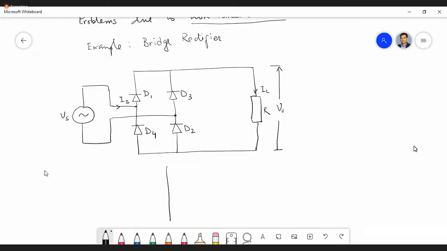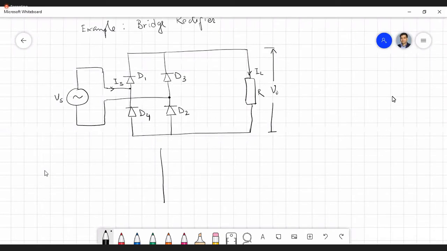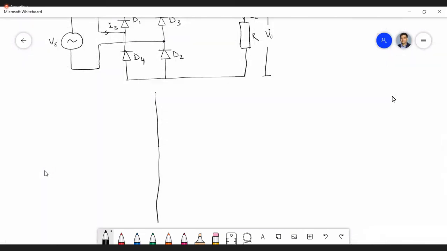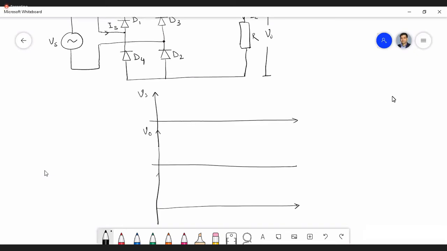So if I try to draw all these waveforms in a single graph, suppose here I will draw the supply voltage. So that is the initial thing. And here I will draw the output voltage. And here I will draw the output current, that is IL.